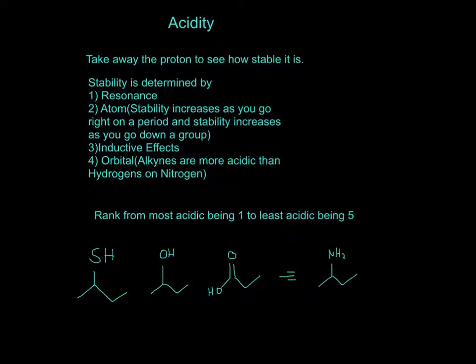Okay, so to answer this problem, the first thing you need to do is take away the proton on each one of these. So you take away this proton, this proton, this proton. If you have a terminal alkyne, which just means that there's a hydrogen on the triple bond, and an alkyne is a triple bond, you just take away the hydrogen, and so there'll be a negative charge there, and then a hydrogen from the nitrogen.